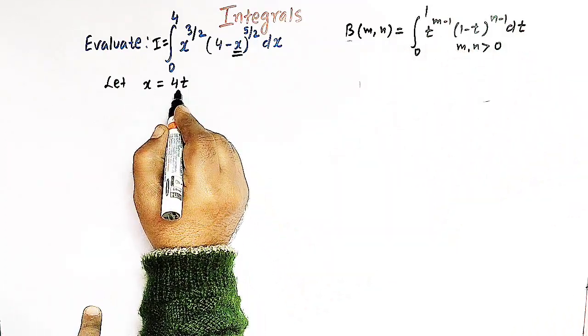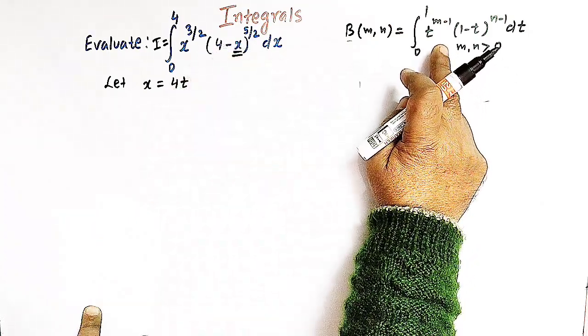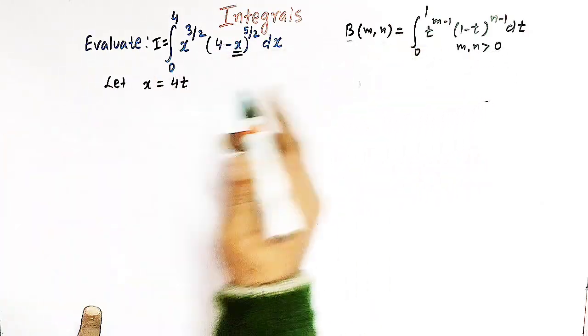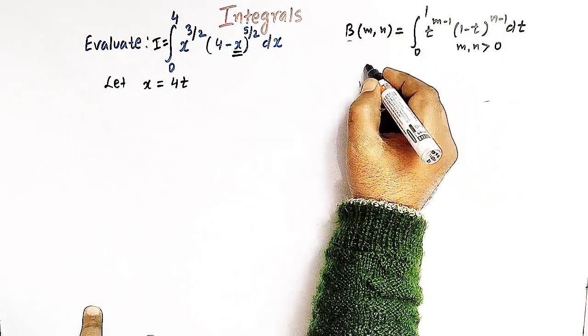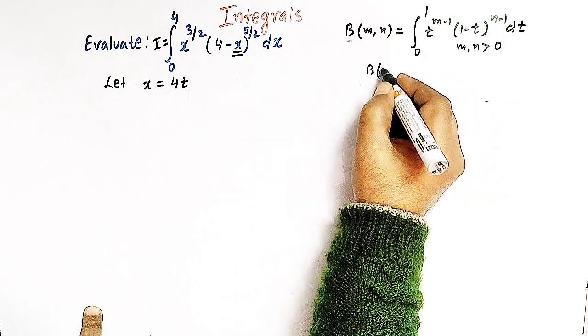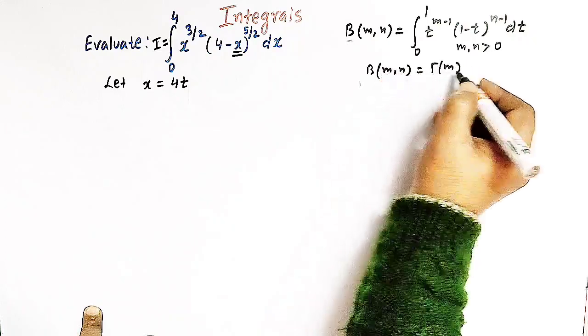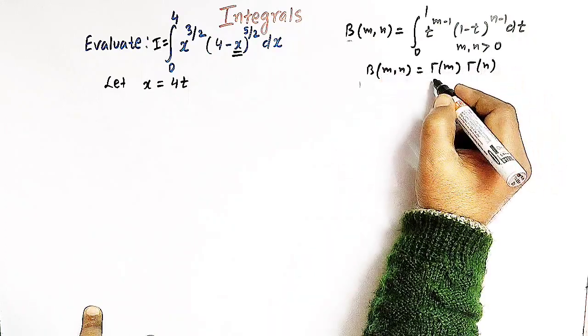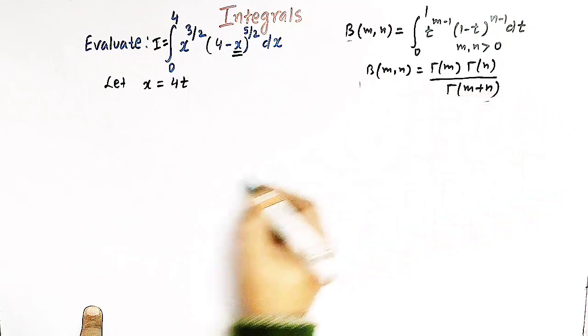So making this substitution will first convert this integral into this form, and then we'll apply the relationship between beta and gamma functions. That is, beta m comma n is given by gamma m gamma n divided by gamma m plus n, right?